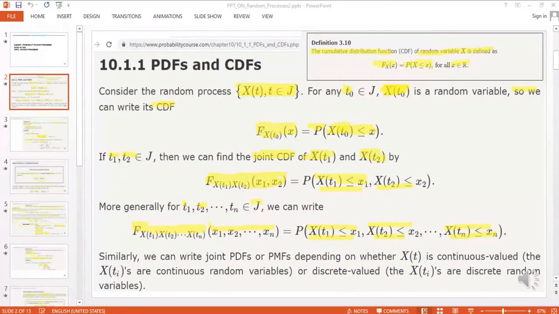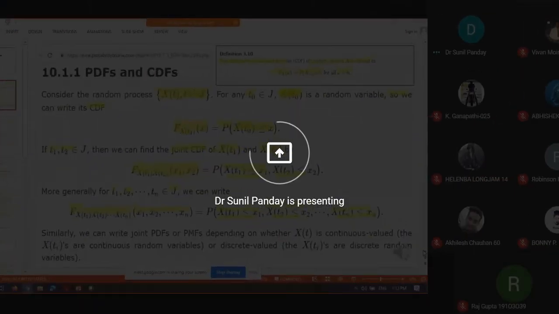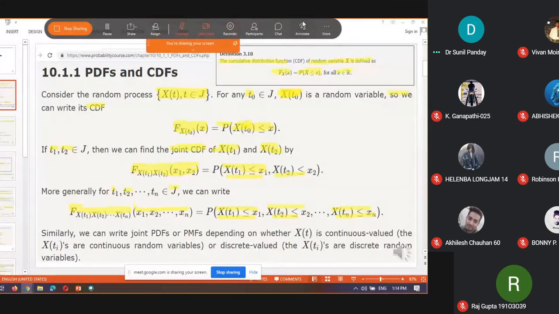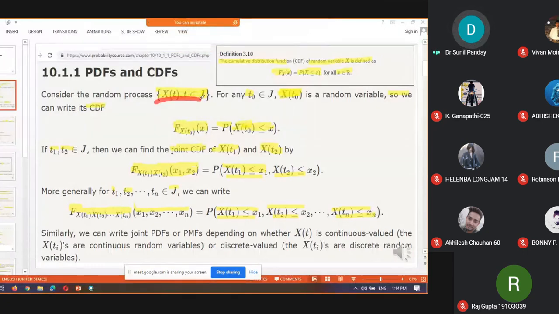Here X(t) is the random process for any t belongs to J, where J is the index set of time.